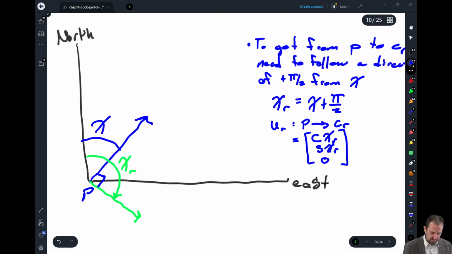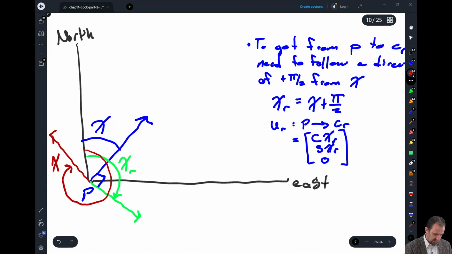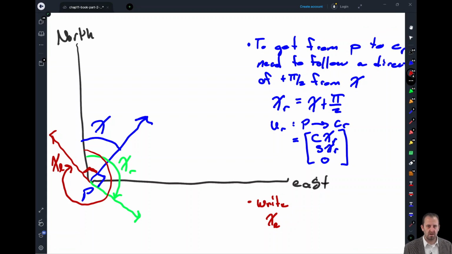Now to get to the left, we're going to follow a very similar strategy. We have the angle here. Chi left is actually going to be equal to, we could write this as chi left. If we look at it, it's going to be a negative 90 degrees from our value of chi.